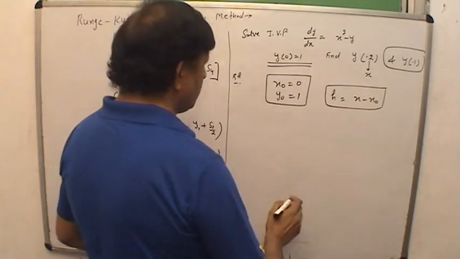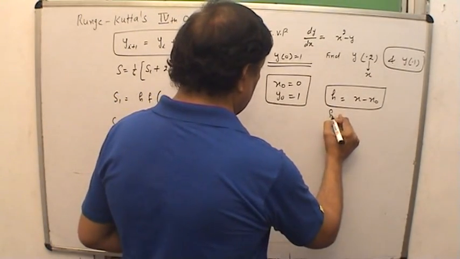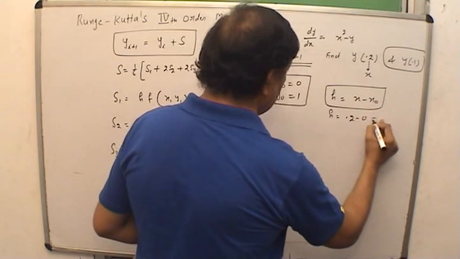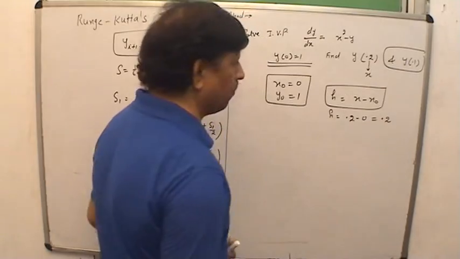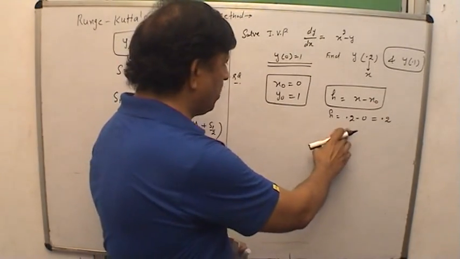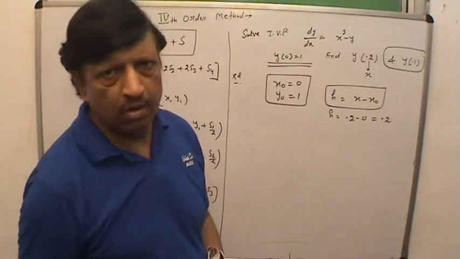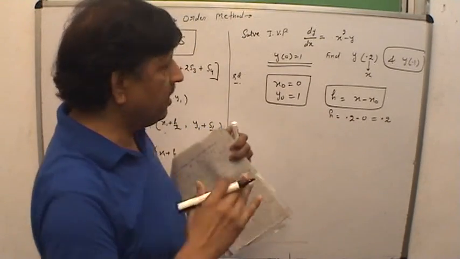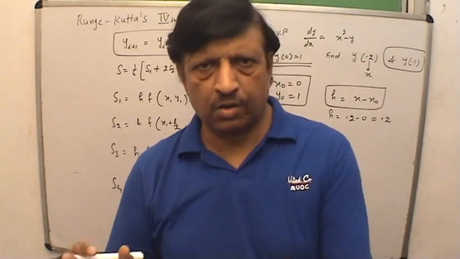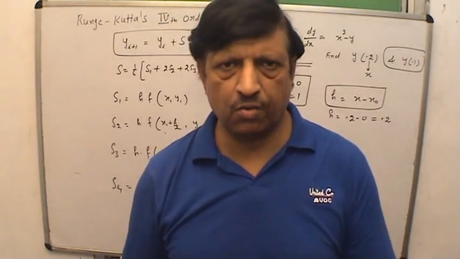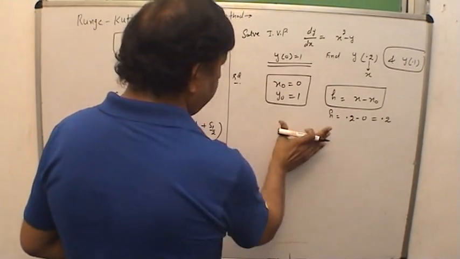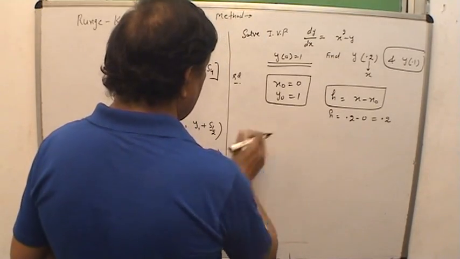Then according to the given conditions, h is equal to 0.2 minus 0, that is equal to 0.2. If we consider the other case, then h will be 0.1 minus 0, that is equal to 0.1. That is the difference. In one problem, the results are two for different values of x. Now we shall proceed for these given values.